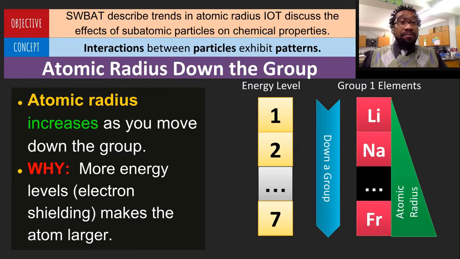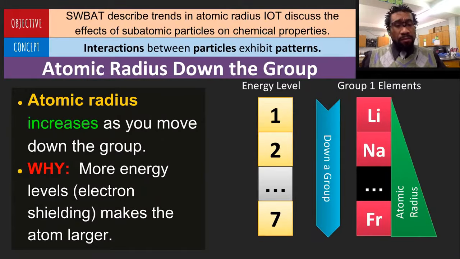Any atom that has two energy levels is automatically larger than an atom that has one energy level, and any atom that has seven energy levels is larger than an atom that has six. That is the basic pattern. Is this true for every single atom on the periodic table? No, but this is really to help you predict patterns, not necessarily know all the exact numbers off the top of your head.